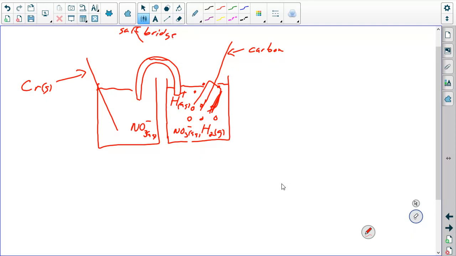Okay, so I want you to make sure I put everything on here. I want you to identify the cathode, the anode, and the direction of electron flow, the direction of ion flow, and three measurable or observable things that you would see other than a light bulb lighting up.